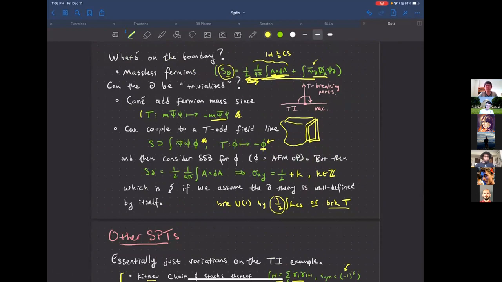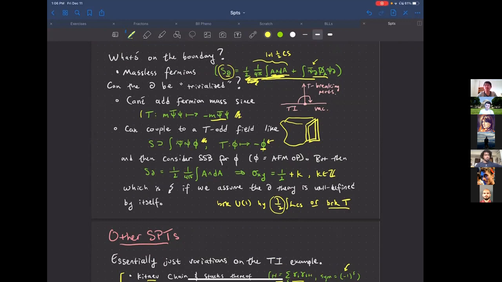Sorry, this probably became very confusing at the point where I was talking with Dan about all of this stuff. The claim is that this actually is an allowable thing that you can do, without breaking any of the symmetries, because this phi is T odd.